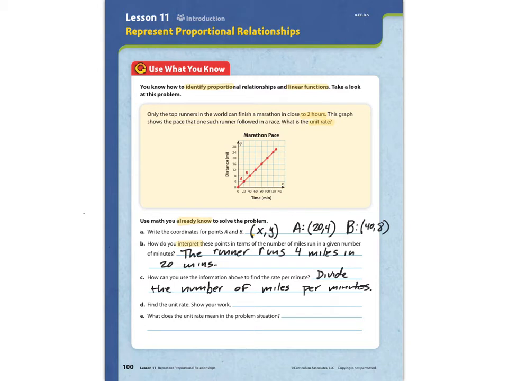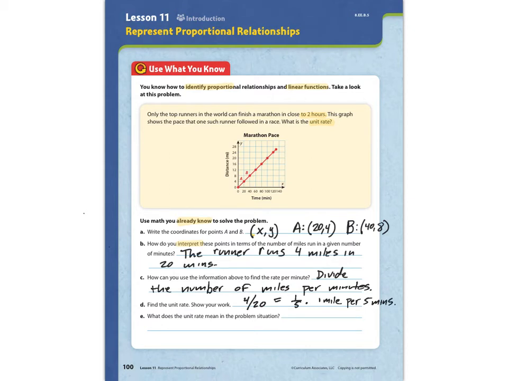Find the unit rate. So right now, let's just divide 4 divided by 20. Remember that we need to keep in mind the units in your answer. So if we simplify this fraction, we are going to get 1/5. So 1 mile per 5 minutes.